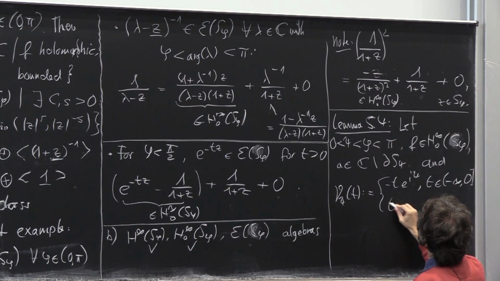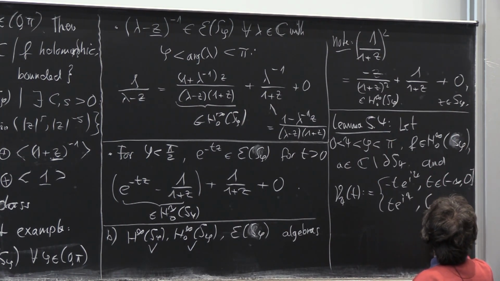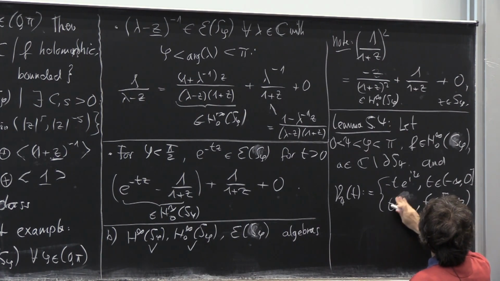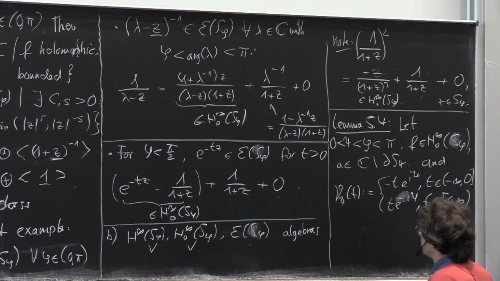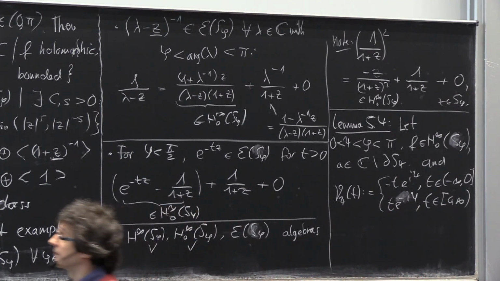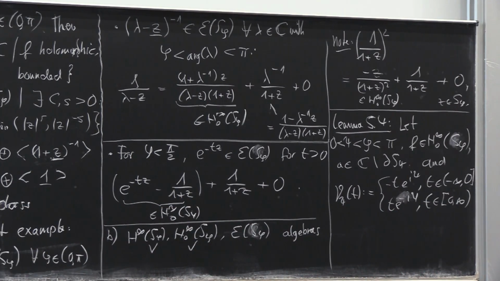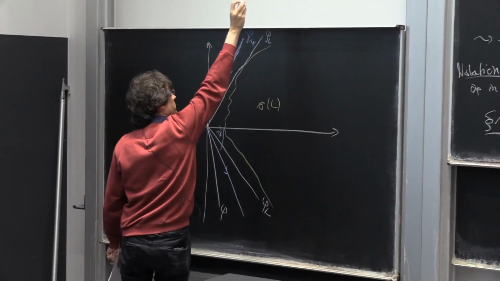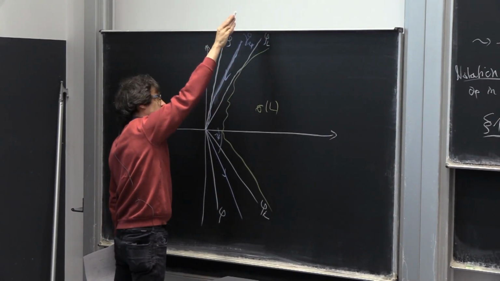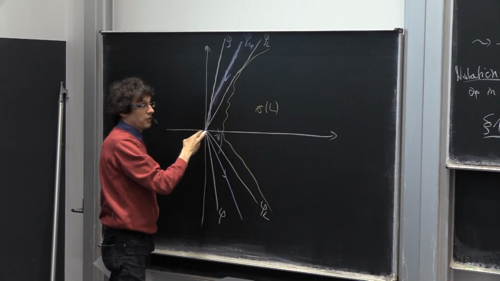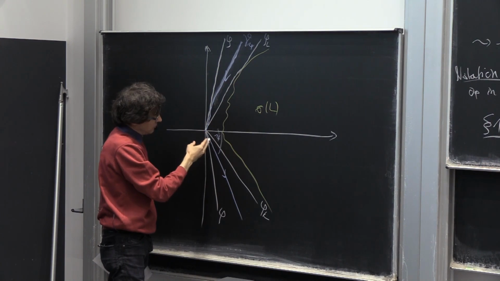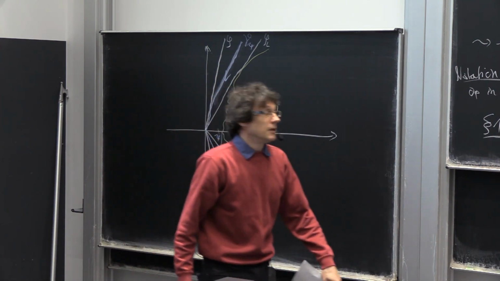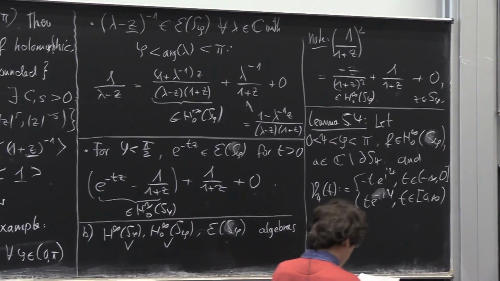And then you start at 0 and go up and go again to infinity, but along the line with angle minus psi. And this is exactly what happens in this drawing. You start at infinity with angle psi, you go down to 0, and then for the positive t, you go from 0 to infinity along the line with angle minus psi. So this is this path.